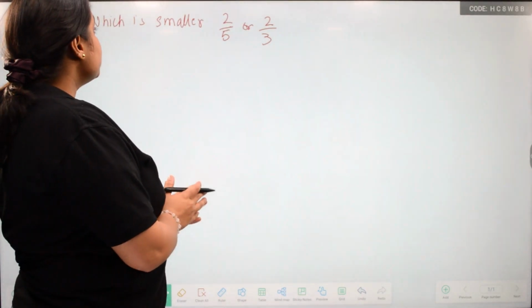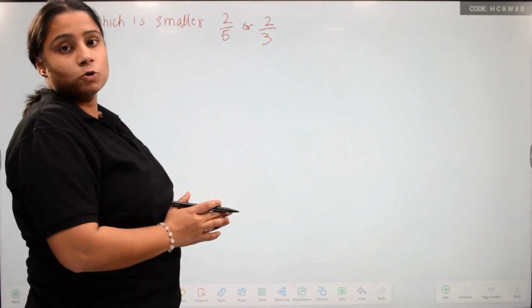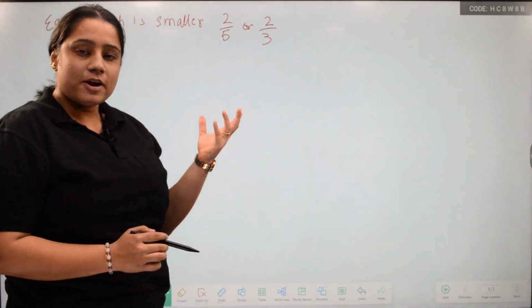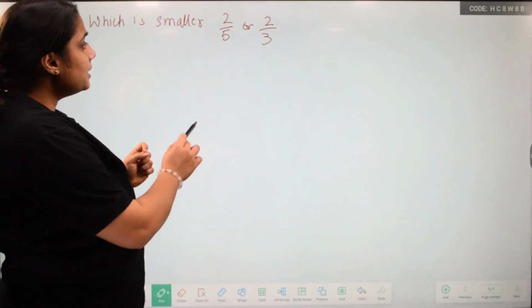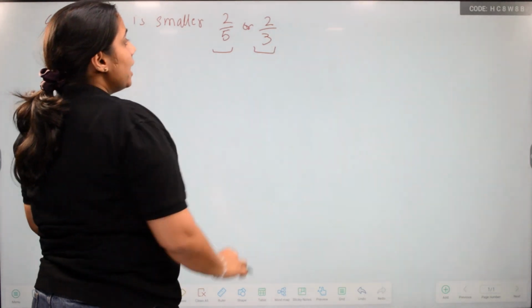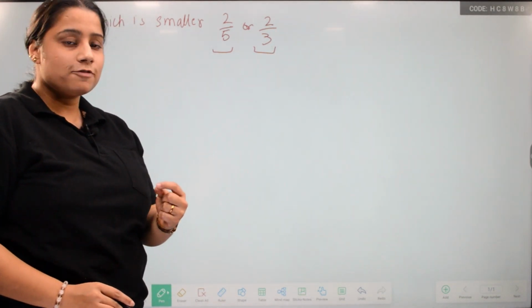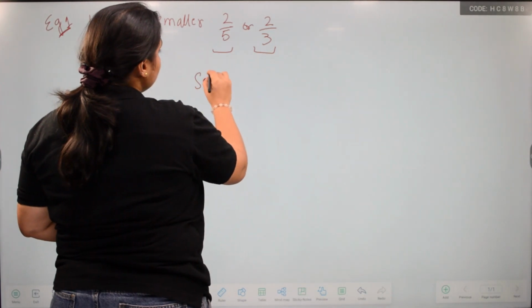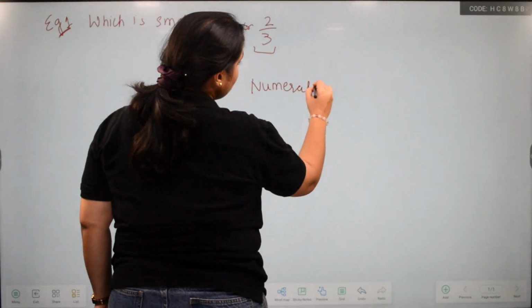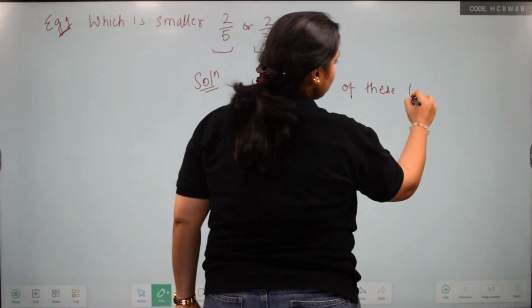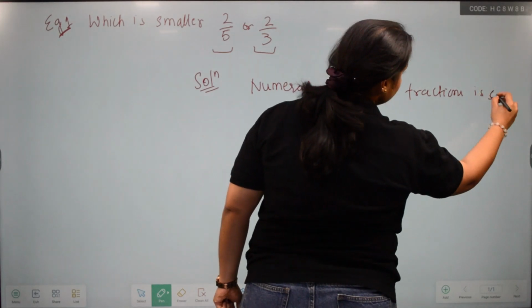Example 1. Which is smaller, 2 by 5 or 2 by 3? We can see that the fractions have the same numerator. So let's check the denominator part. And we know that the fraction having the bigger denominator will be the smaller fraction. So I'm writing down that the numerator of these fractions is the same.